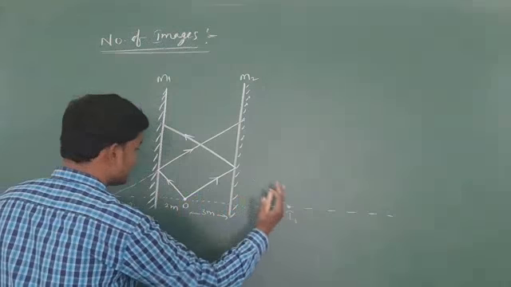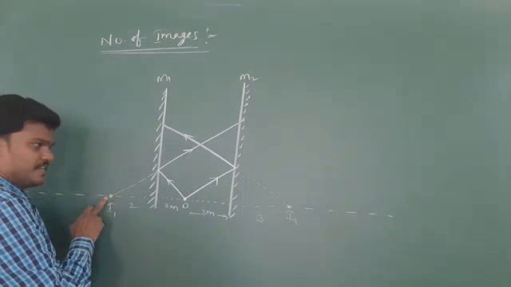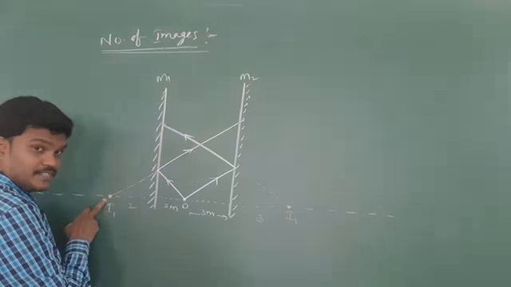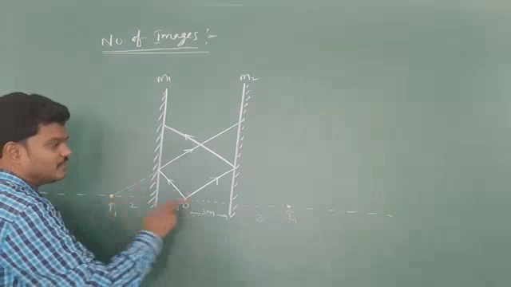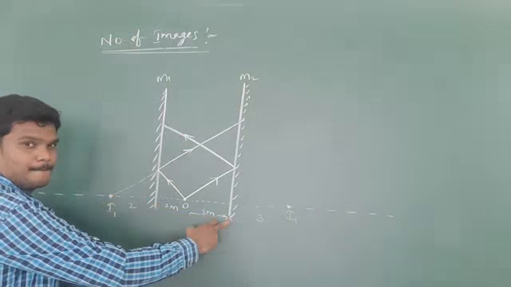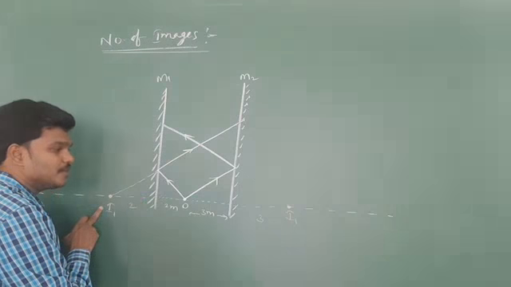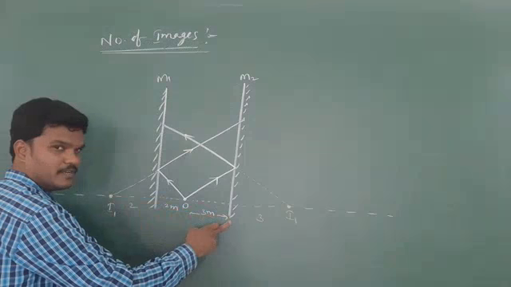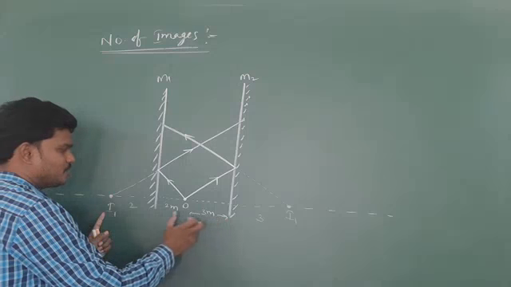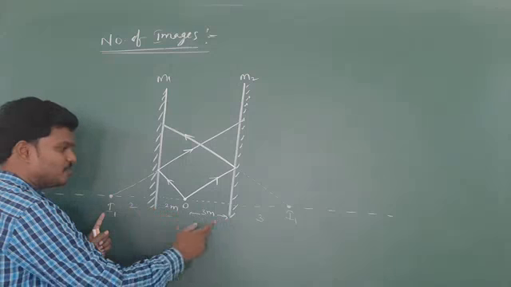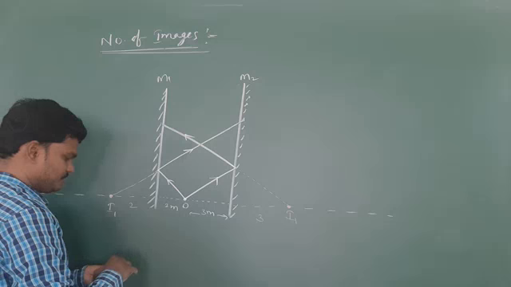Now listen carefully, this image acts as a virtual object for the second mirror. So what is the distance of the virtual object for the second mirror? 3 plus 2 plus 2, how much now? 7 meter. Now you will get the second image.